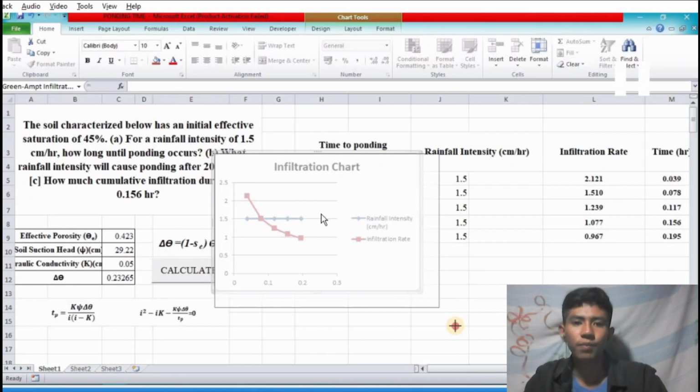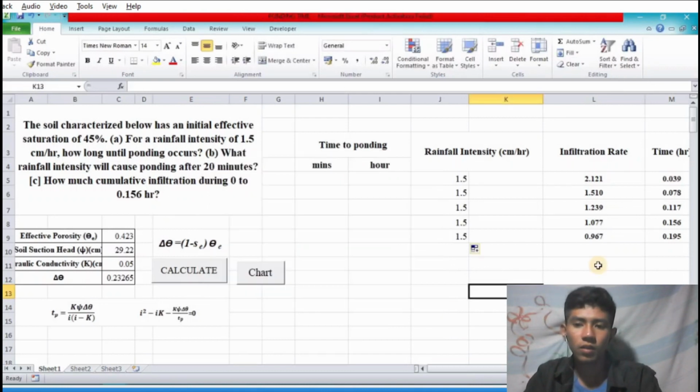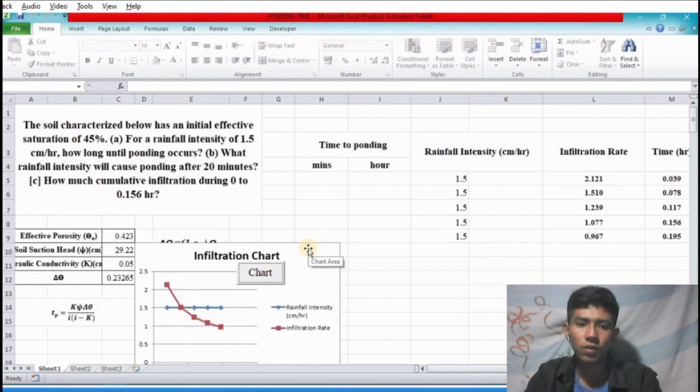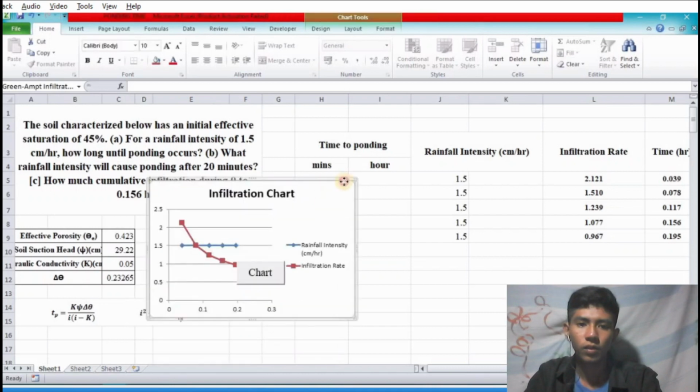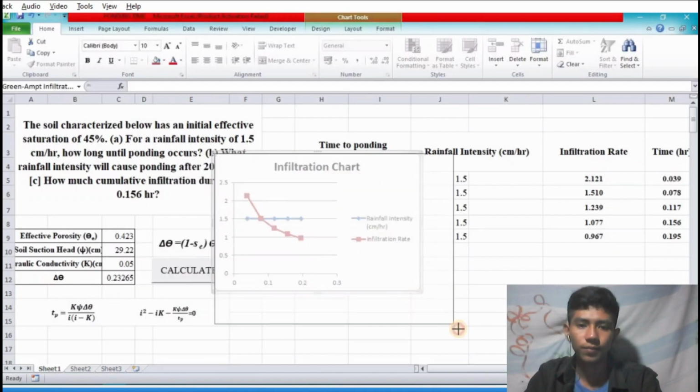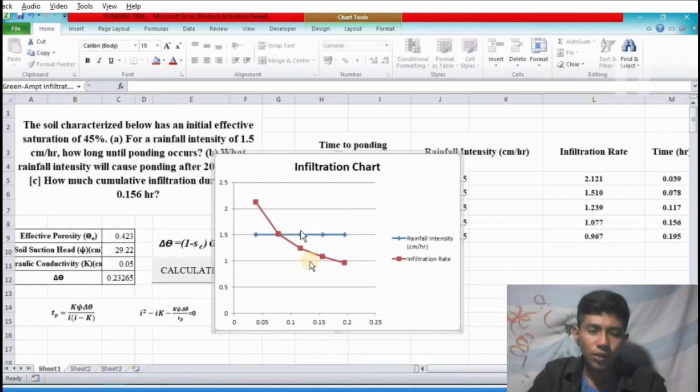This is the relationship between the infiltration rate and the rainfall intensity. This is assuming that the rainfall intensity is uniform, and the infiltration rate is always decreasing.